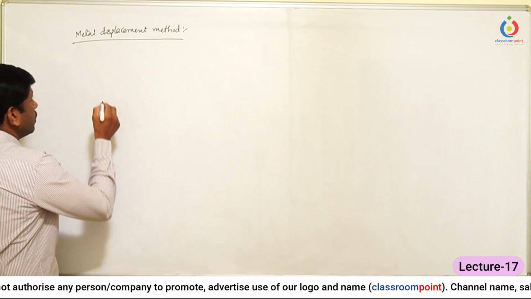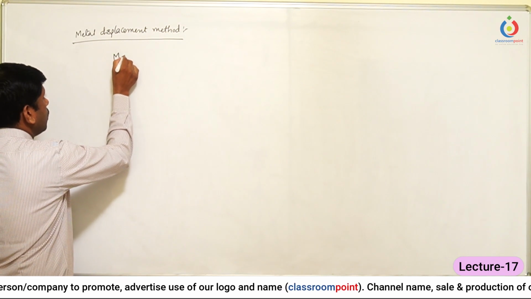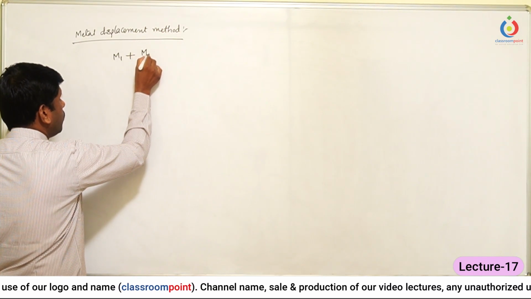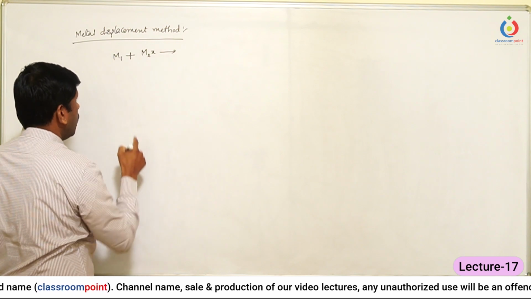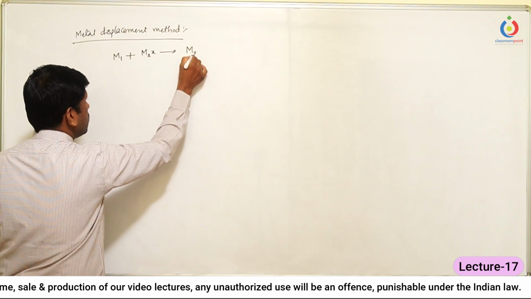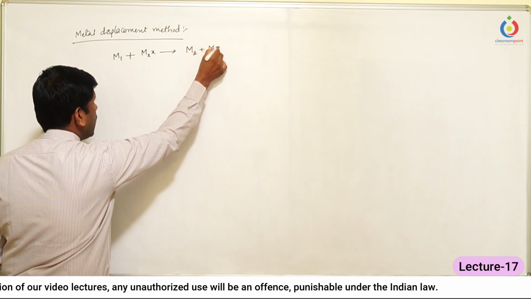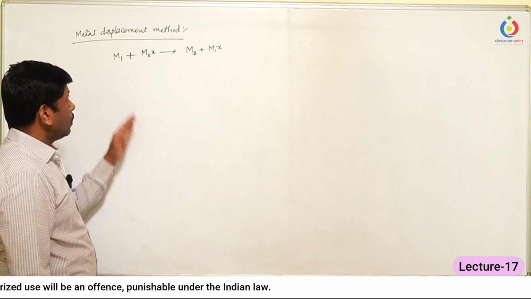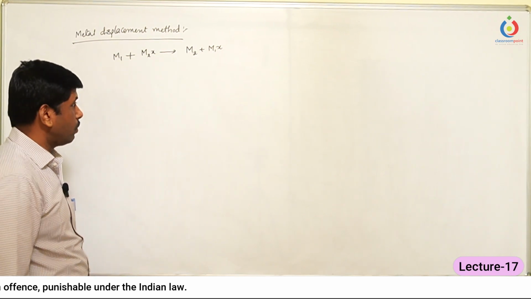Let us take a metal M1 that reacts with another compound M2X, and this metal replaces M2, so that M2 is deposited and M1 reacts with that radical and gives the compound. In these cases, how to solve the questions?